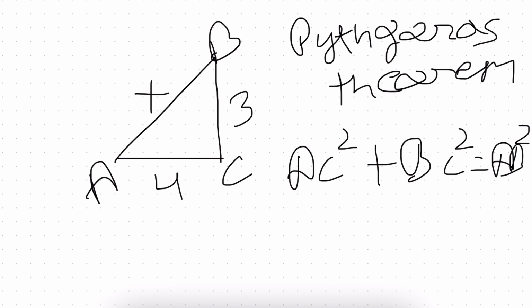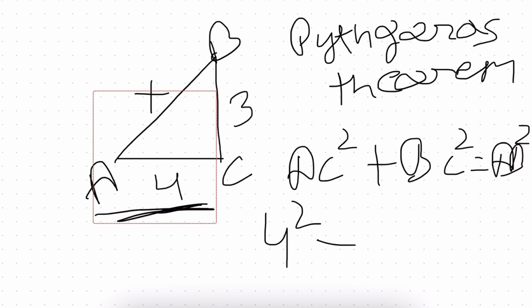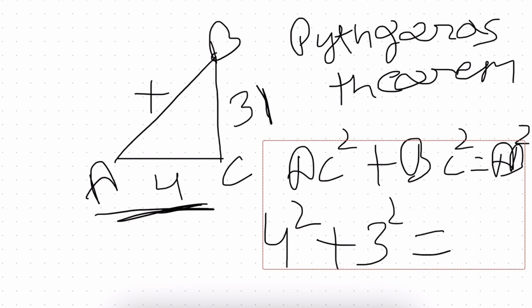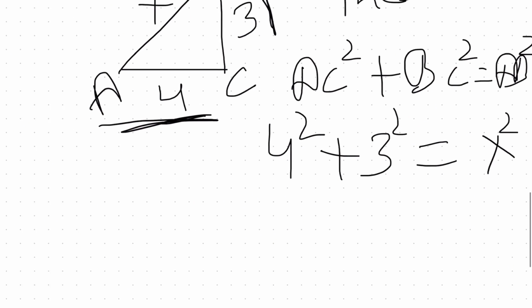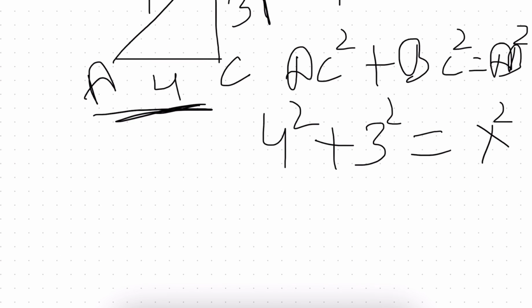So what's our AC? This is 4 square plus, and what's our BC? This is our 3 square, and it is equal to AB, which is our x square. Now we'll have to find the value of x. 4 square, as you all know, is 16, and 3 square is 9.